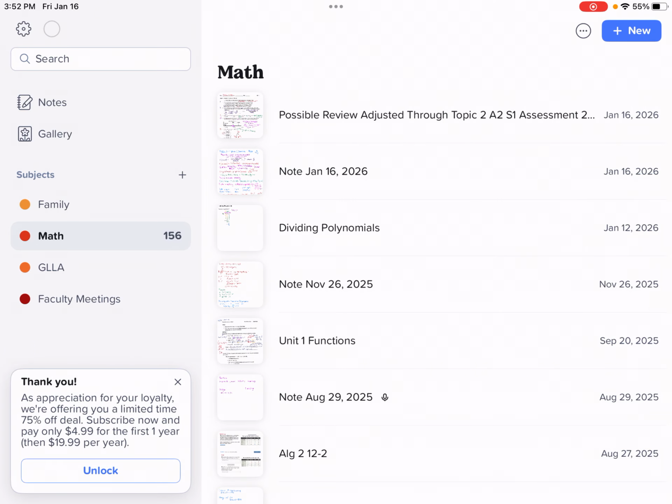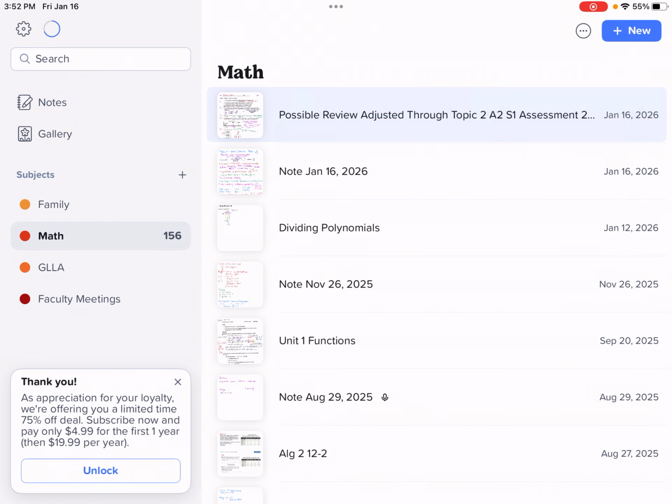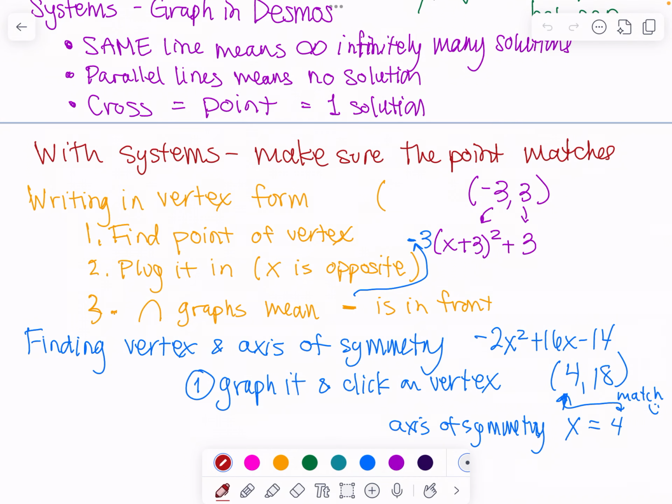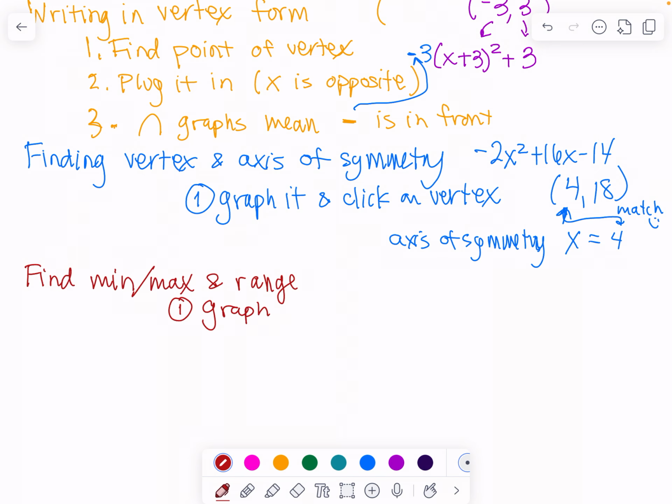My Apple Pencil's low. So find the vertex, axis of symmetry, find minimum, max, and the range. So, one, graph it, and click on vertex.